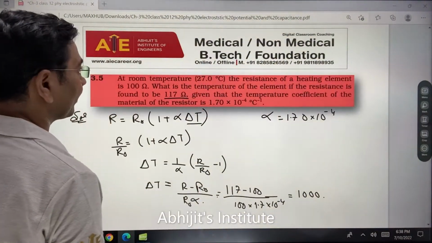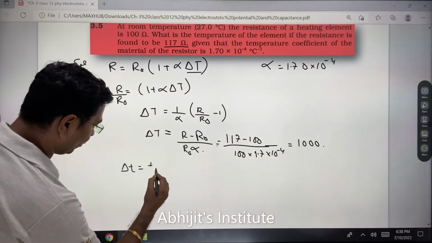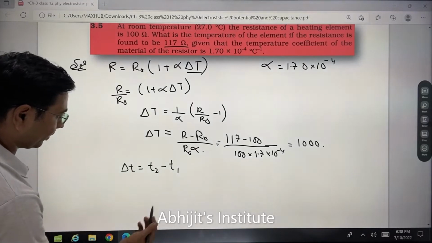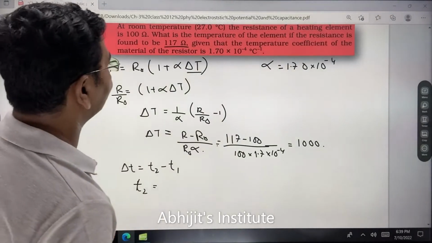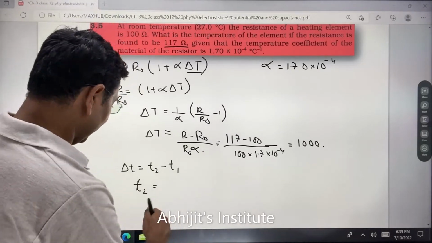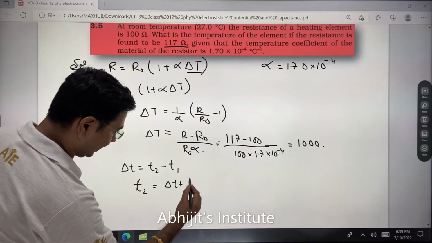and therefore I have got this as change in temperature. So change in temperature del T is nothing but T2 minus T1, and therefore T2, that means the present temperature of the element, is del T plus T1.